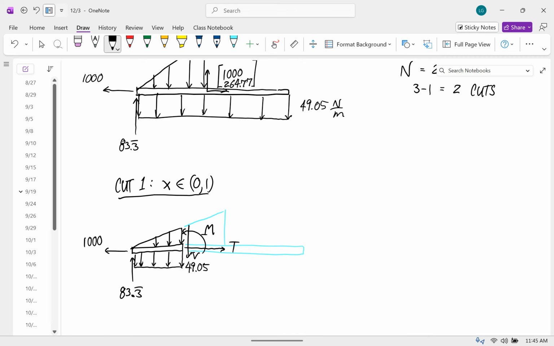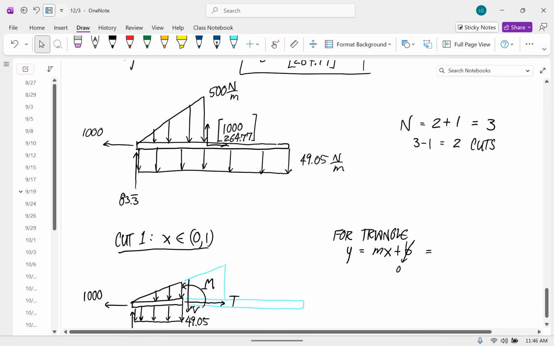So now let's think about our Q function for this. So what is an equation for that diagonal line? So for the triangle, our equation for the line is mx plus b. When x is equal to 0, the height is 0, so there's no y-intercept. And we can use the full triangular shape to calculate that slope.